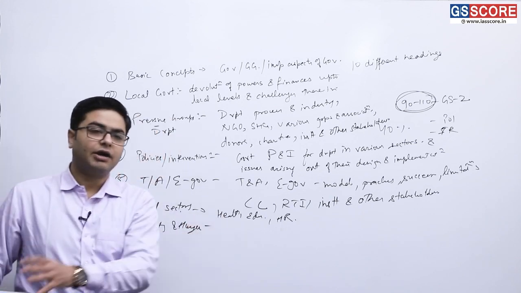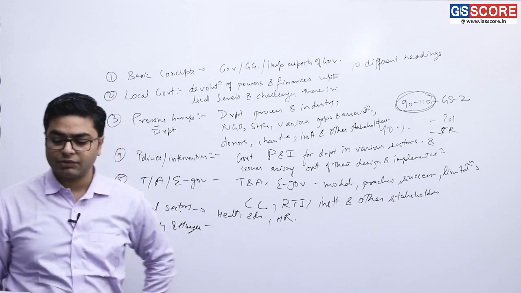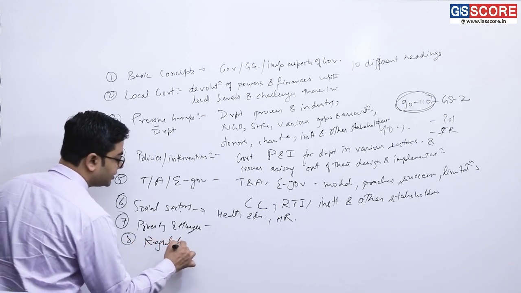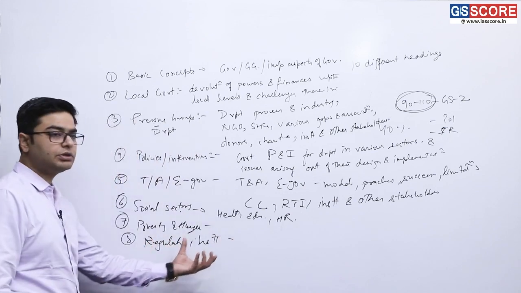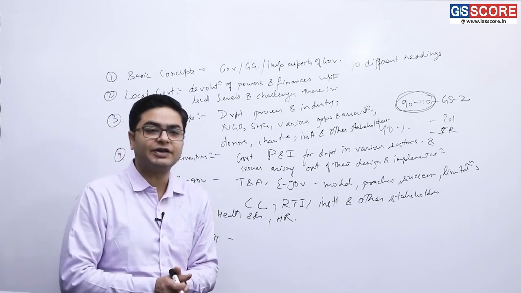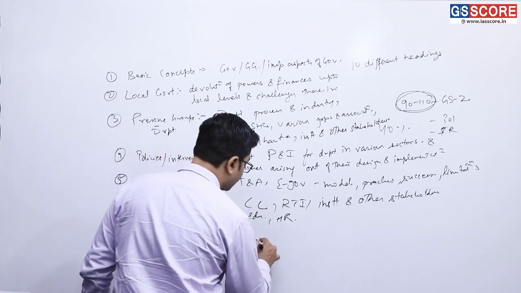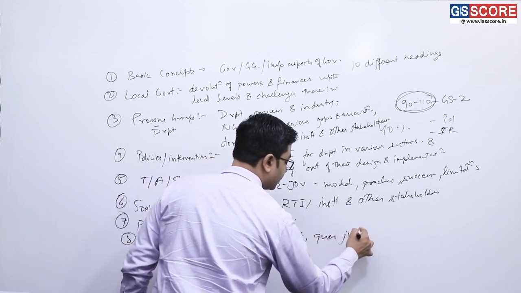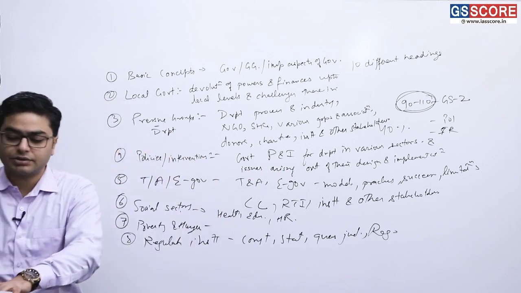Poverty and hunger, wherein we take up issues related to poverty and hunger. And then the regulatory institutions. Though we are giving the head as regulatory institutions, it talks about other multifaceted institutions, whether constitutional, statutory, quasi-judicial, regulatory, or other forms of institutions.